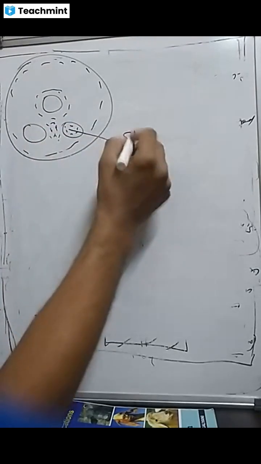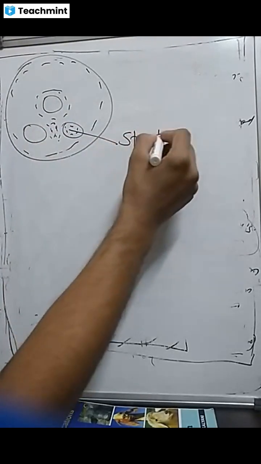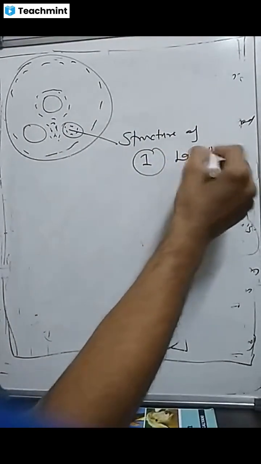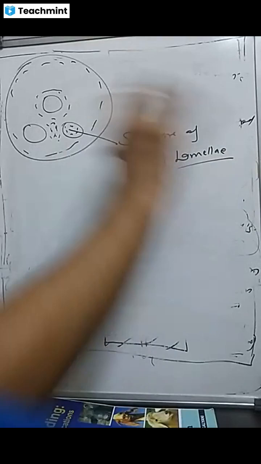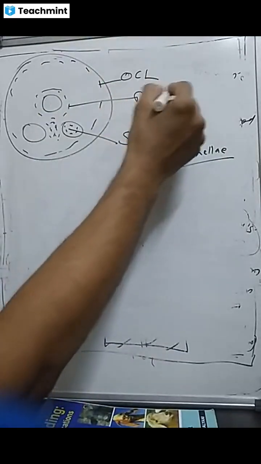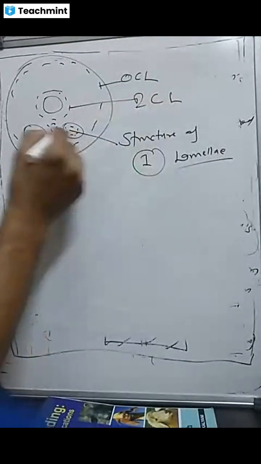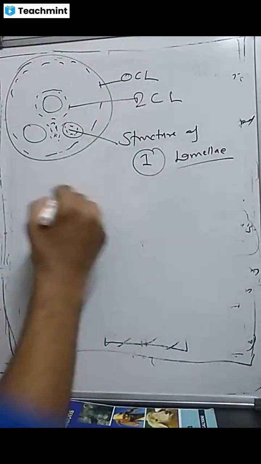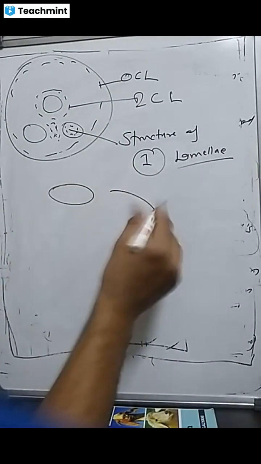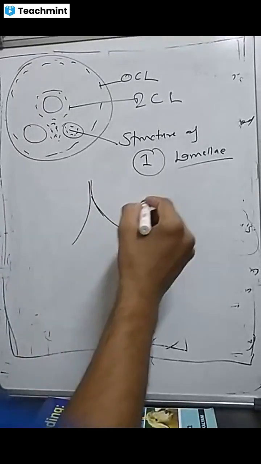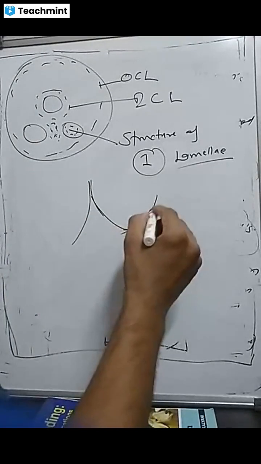If you look at the structure of one lamella, whether outer circumferential, inner circumferential or Haversian, the structure will be the same.